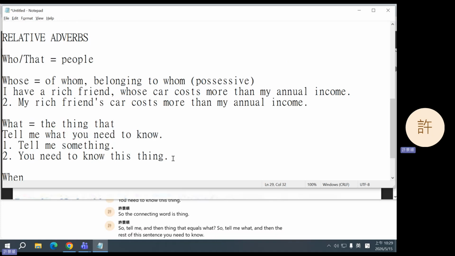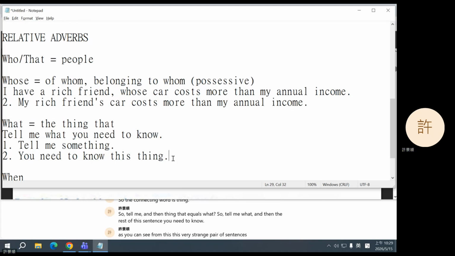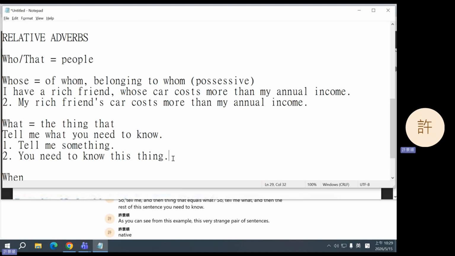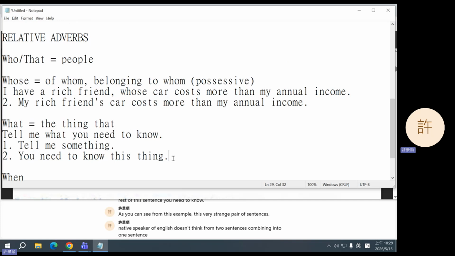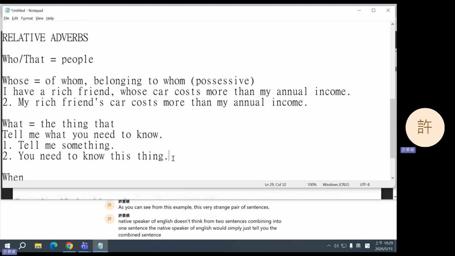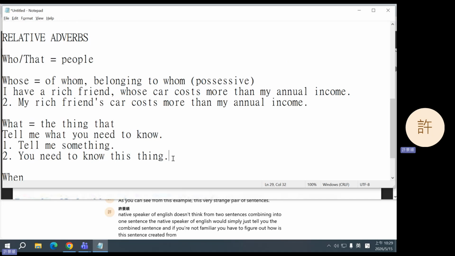As you can see from this example, this very strange pair of sentences, a native speaker of English doesn't think of two sentences combining into one sentence. A native speaker of English would simply tell you the combined sentence. And if you're not familiar, you have to figure out how this sentence is created from two smaller parts, right?